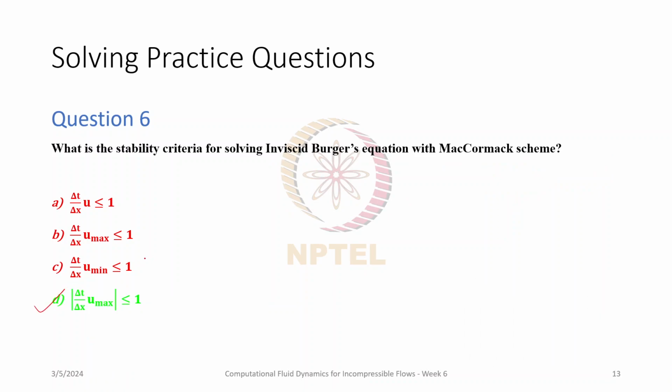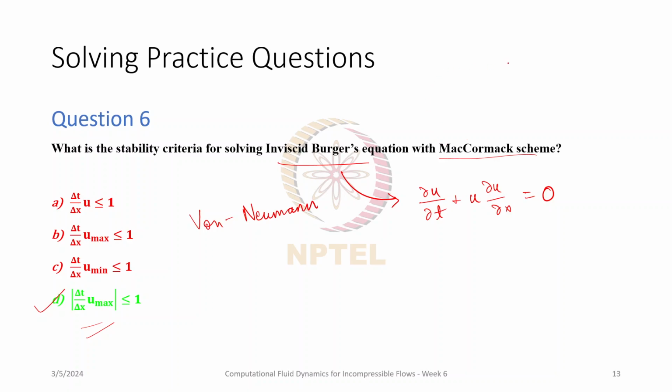So there is really nothing to demonstrate here. Basically from von Neumann stability analysis, once again, if we perform that on the inviscid Burgers equation, which looks something like this, ∂u/∂t plus u ∂u/∂x is equal to 0, then for solving that, this should be the stability criteria if we are using the MacCormack scheme.